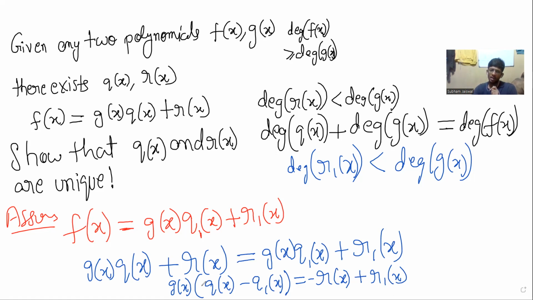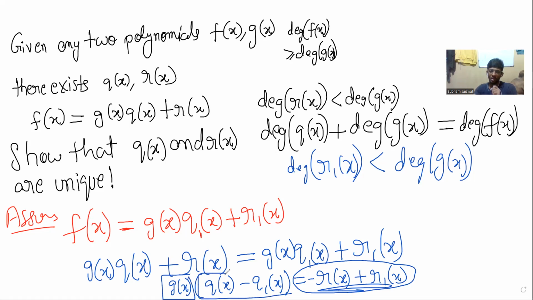Yes, that's right. So basically, this degree is less than the degree of Gx, because the degree of Rx is less than the degree of Gx. The degree of R1x is also less than the degree of Gx. When you subtract, the degrees cannot increase. It may not decrease, but it cannot increase. So this degree is less than the degree of Gx.